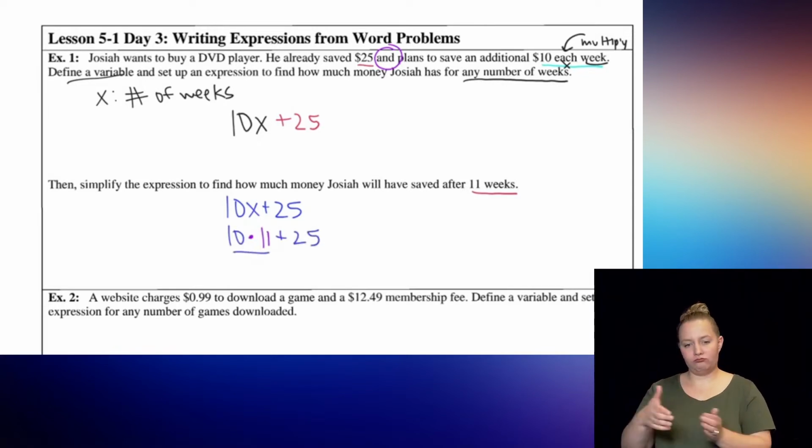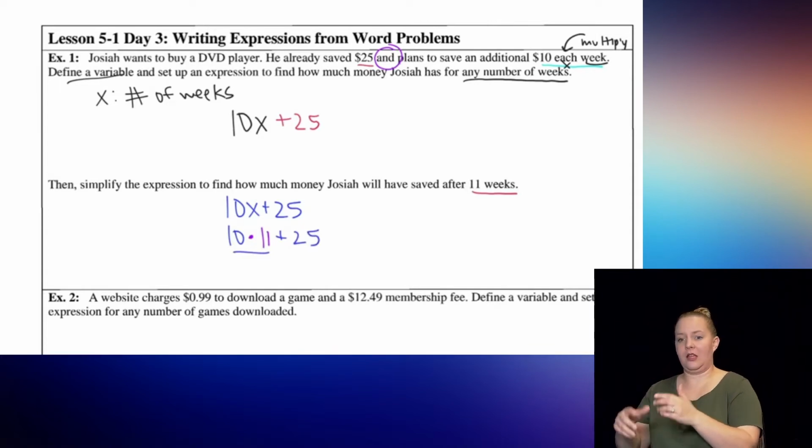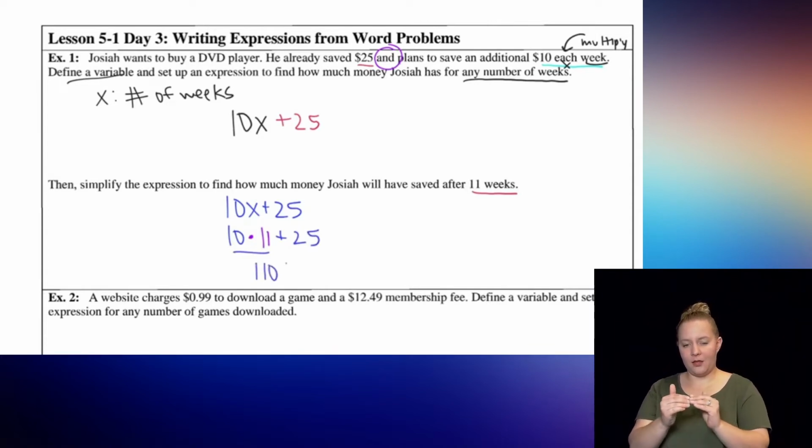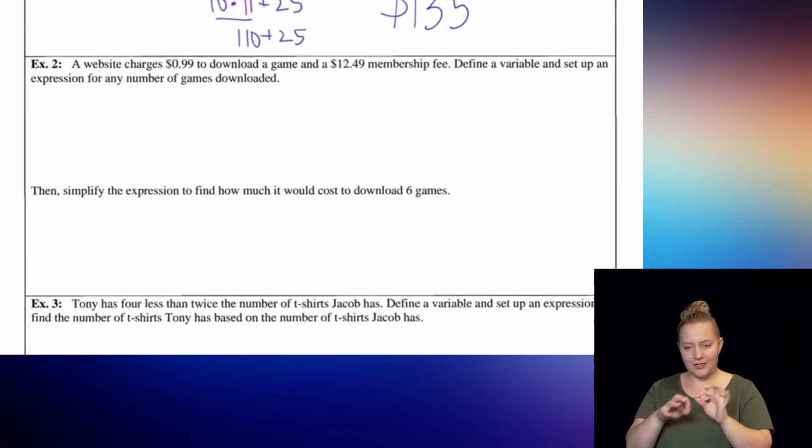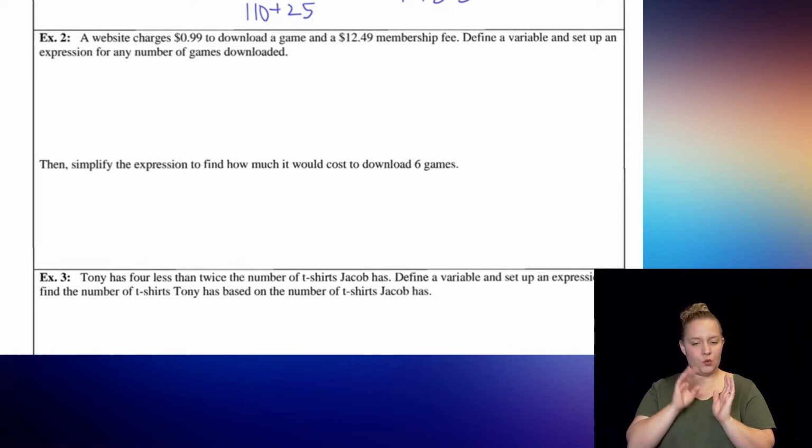I'm just going to work it from left to the right because it is multiplication, then addition. So 10 times 11 is 110 plus $25. Final answer here is $135. And obviously, because these are word problems, normally we do need a sentence, but because these are just notes, we're just going to go ahead and move on.